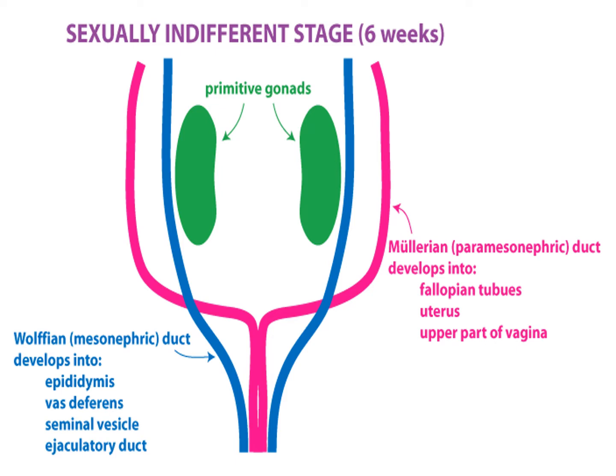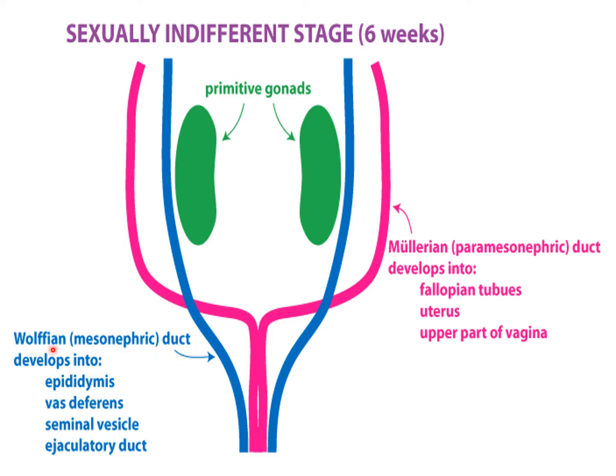These are the primitive gonads, and they can differentiate into either the Mullerian duct or the Wolffian duct.